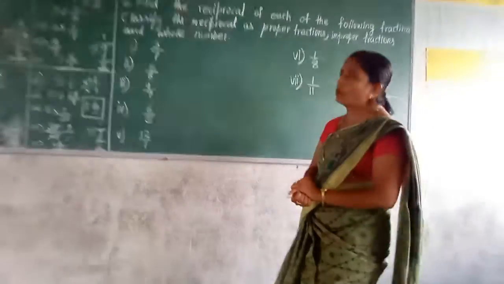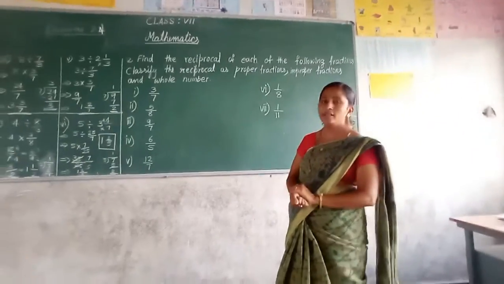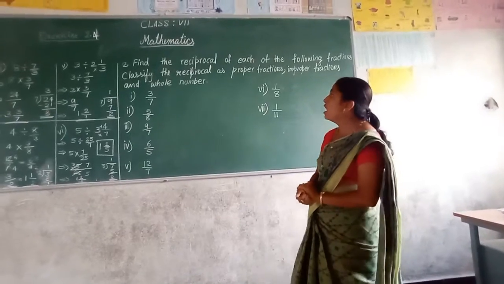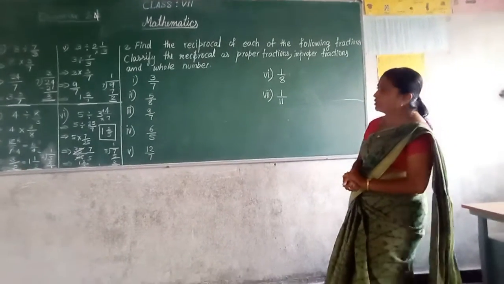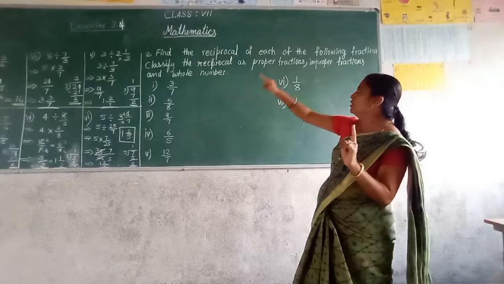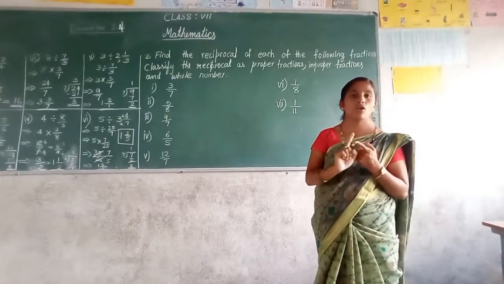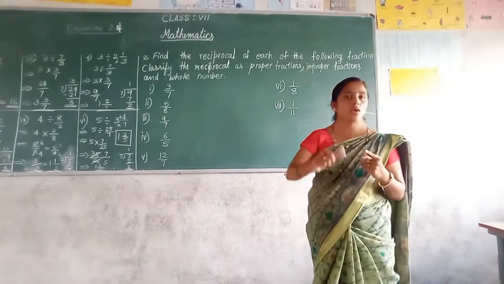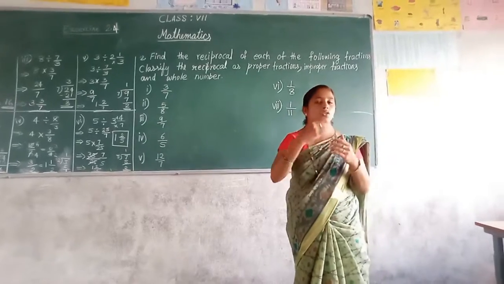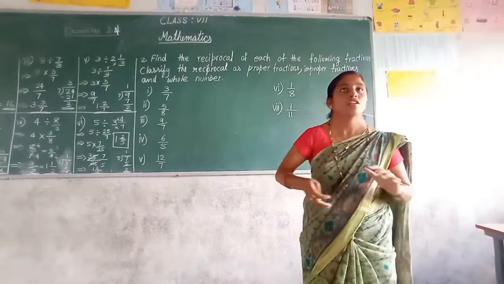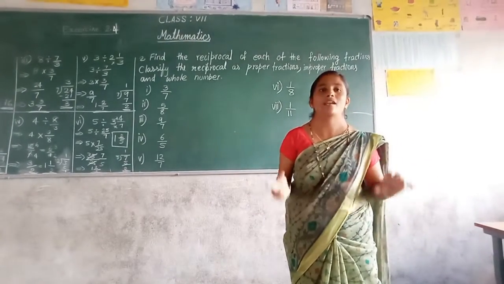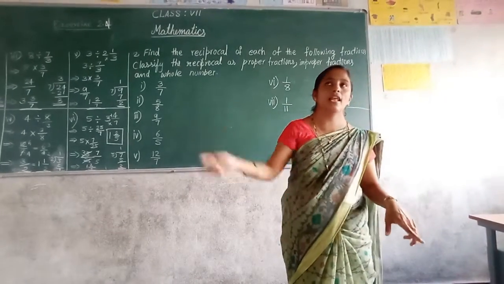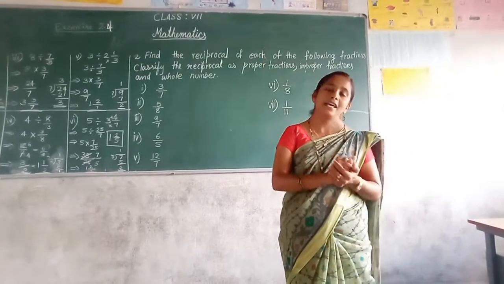Find the reciprocal. Just now I explained how to write the reciprocal of each of the following fractions. First step is you have to write the reciprocal of each fraction. Reciprocal means just opposite to that. In yoga and all, you put the head down and the legs go up. That is the reciprocal.